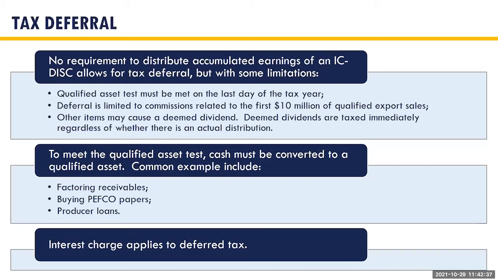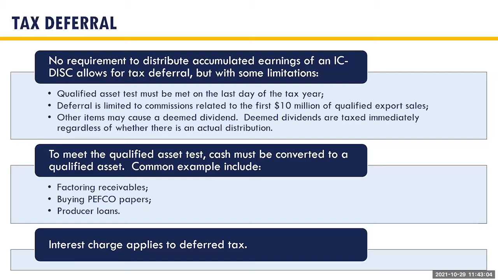You have to make sure you meet the qualified asset test at the end of the year. The deferral is limited to commissions calculated on the first $10 million of qualified export sales. And then there's other items that can cause what's called a deemed dividend. And deemed dividends are taxed immediately to the shareholder, regardless of whether they actually receive a distribution.